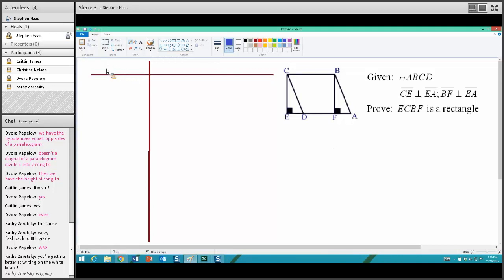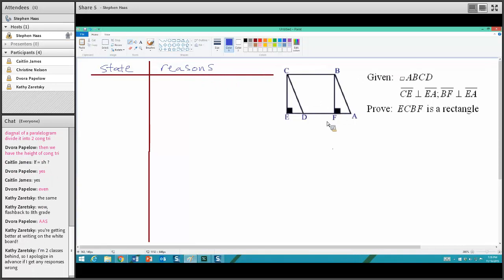All right, let's just abbreviate it. Statements and reasons, fine. Okay. Given ABCD is a parallelogram, so this kind of angled one is a parallelogram. CE is parallel to ED, and BF is parallel to EA. Prove that ECBF is a rectangle.